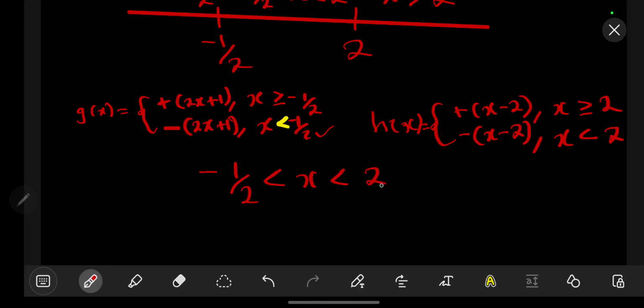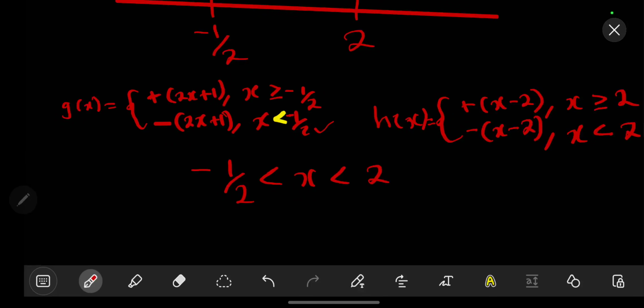So the portion that we are going to take is where x is greater than half but at the same time less than 2. So the condition that suffices for this first part is x greater than half. So we are going to take it as 2x plus 1, but we have a g of x minus, like that. So we have a minus.